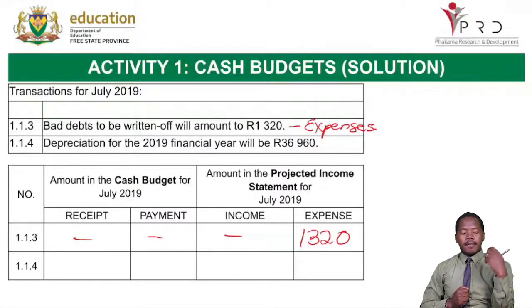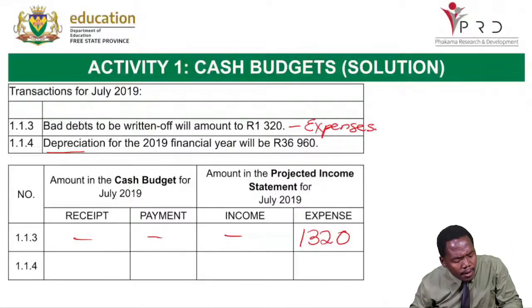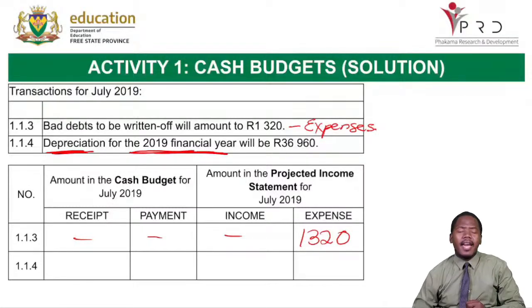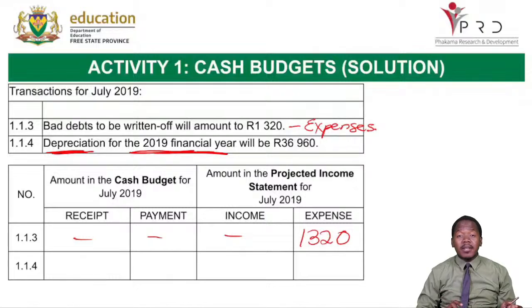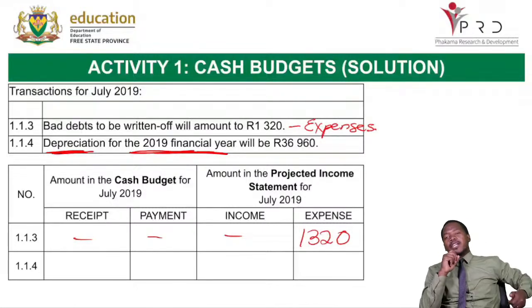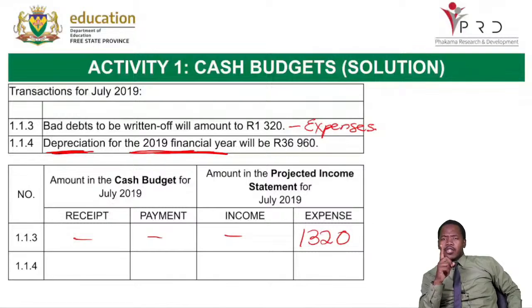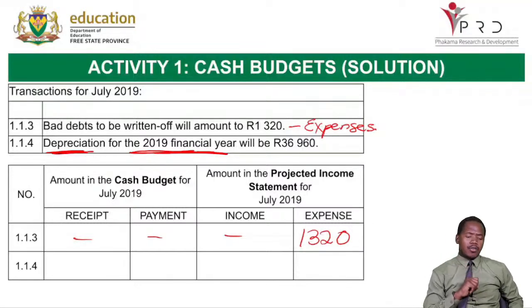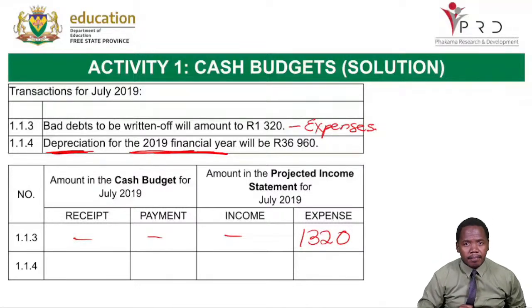Now, next one, 1.1.4. This one talks about depreciation for the entire year, meaning this is depreciation for the whole year. Now, I'm asking a question again. Is your depreciation part of your cash budget?